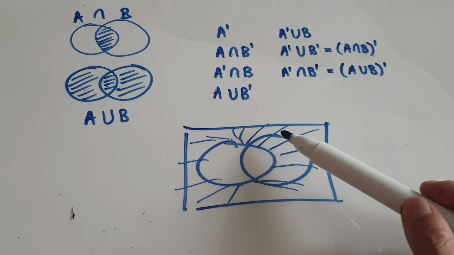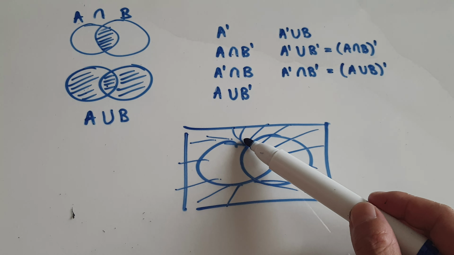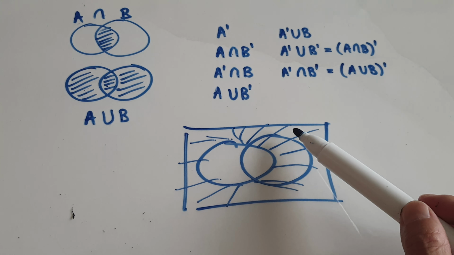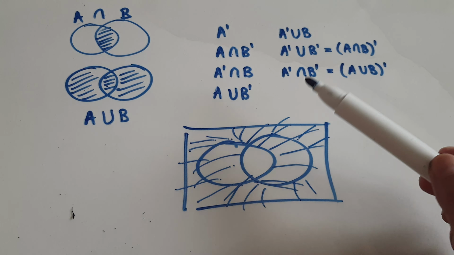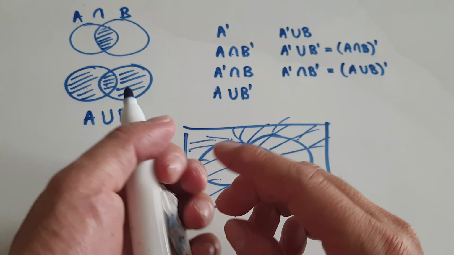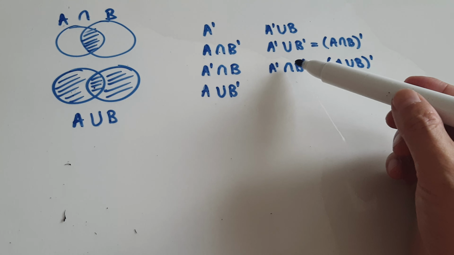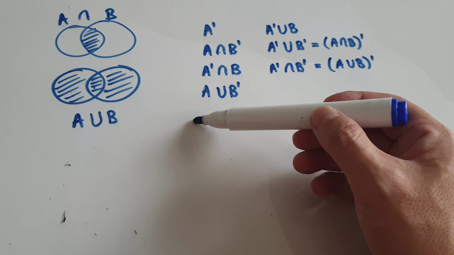So outside of that and outside of B. So hang on, let me think. Outside of B. Hang on, let's do this again. So it's the intersection of outside of A, outside of B.